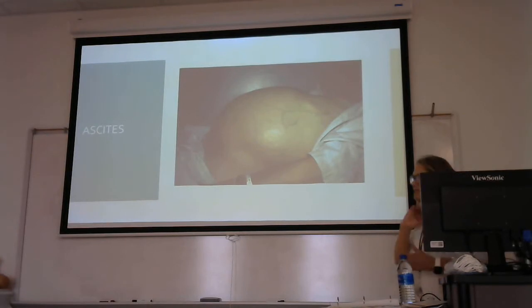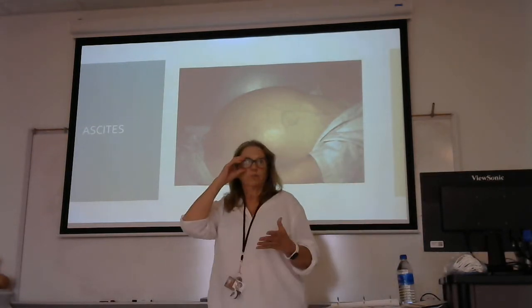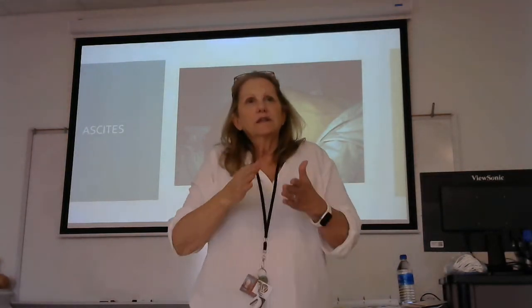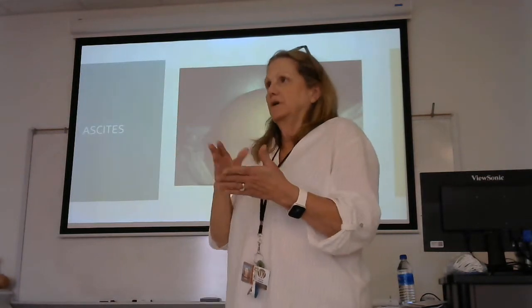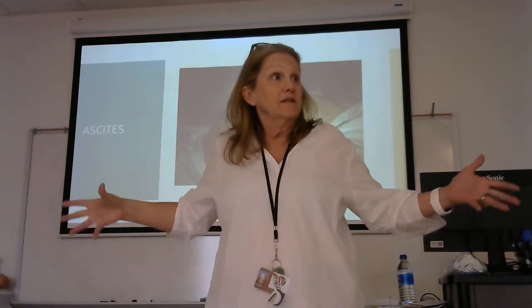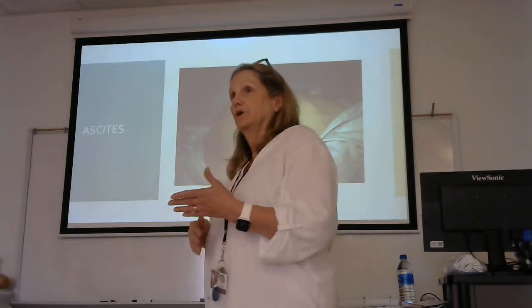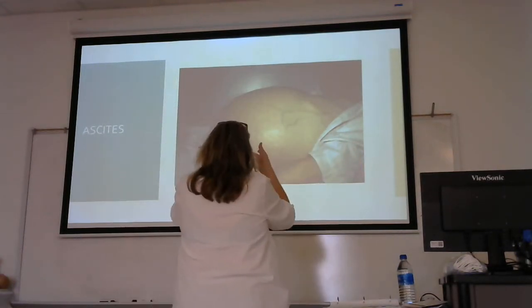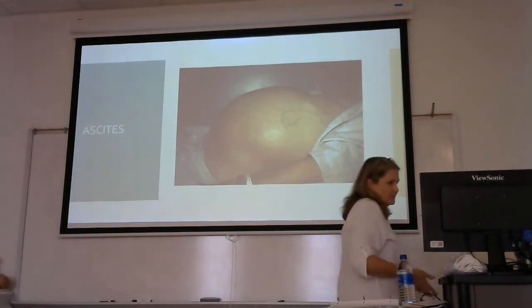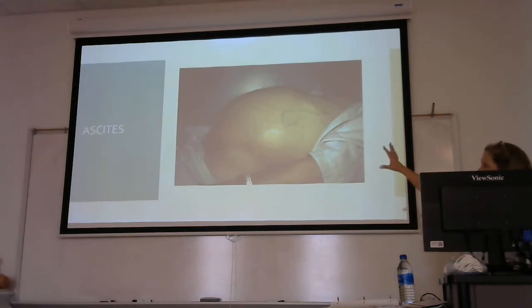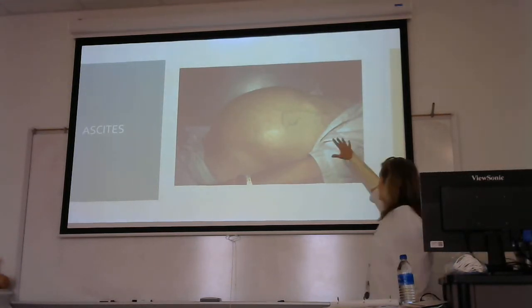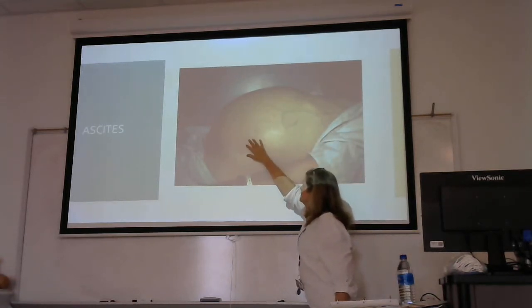TIPS. If you think about the problem, it's going to shunt that blood so that instead of going into the abdomen, we're going to move it around the liver. Of course, it's not getting any metabolism going on there, but it at least helps with that ascites. So, the spider veins here collect out here from the high pressure.